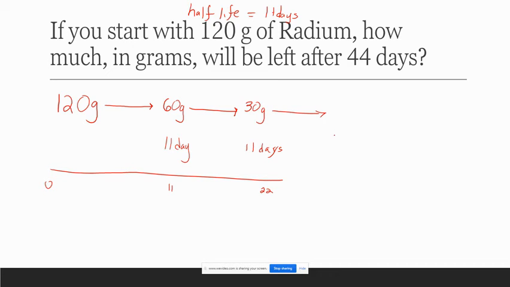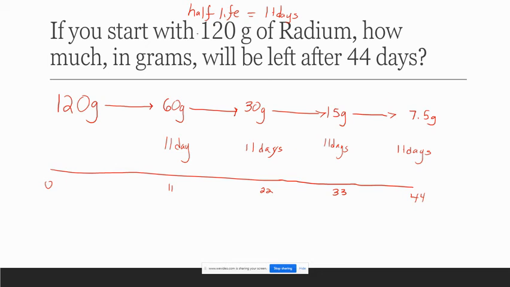If we go another 11 days, again, if we're keeping a continual timeline, that's going to be 33 days. We're going to have 15 grams left. We keep halving the amount every time. And if we go for another 11 days, so we get to 44 days, we're going to have half of that amount, which would be 7.5 grams.